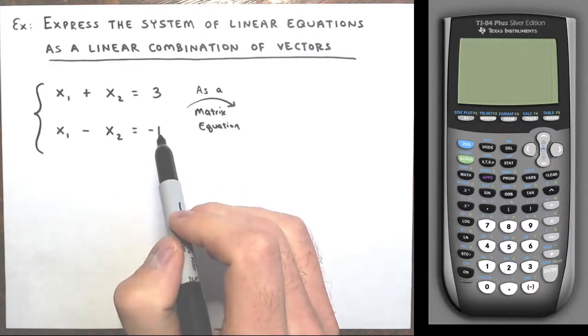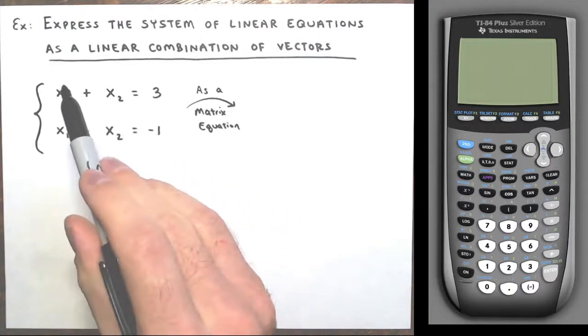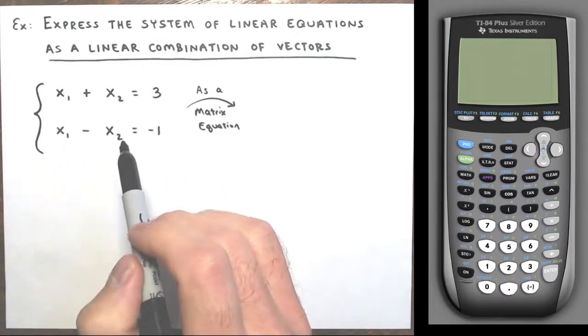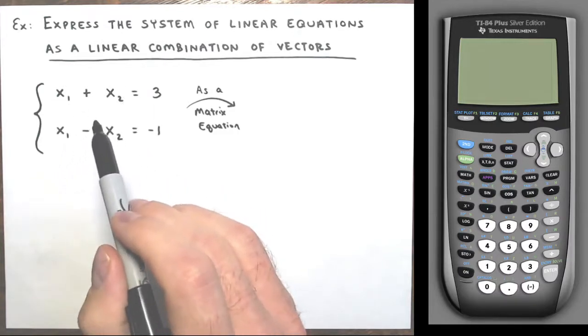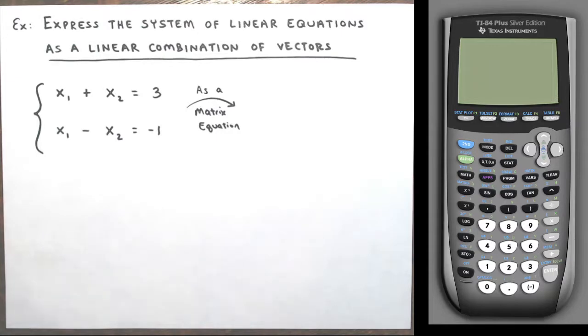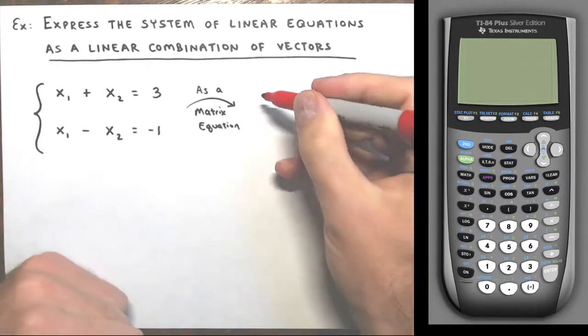This 3, negative 1 column vector, and think of this entire side as a 2 by 1 matrix, and then break it up into a product of a coefficient matrix and a variable matrix.